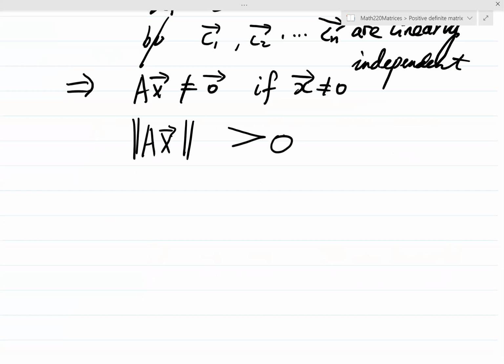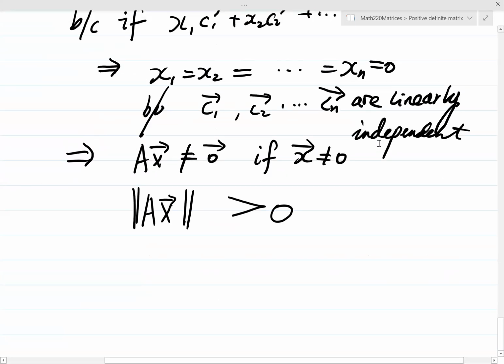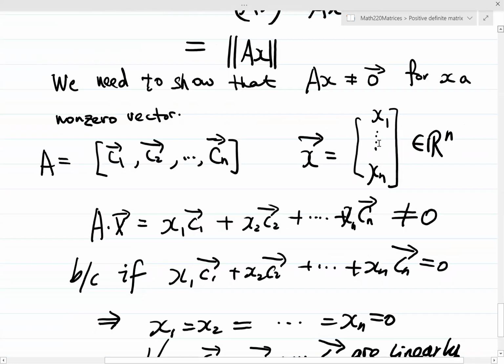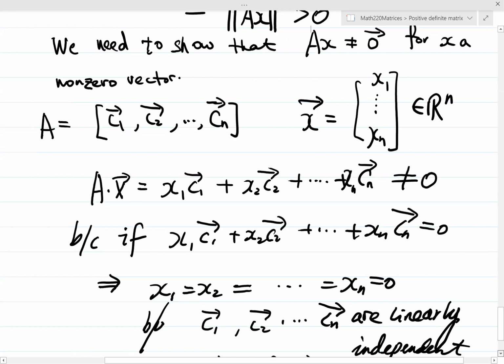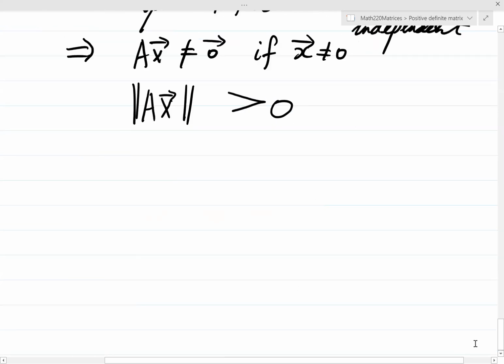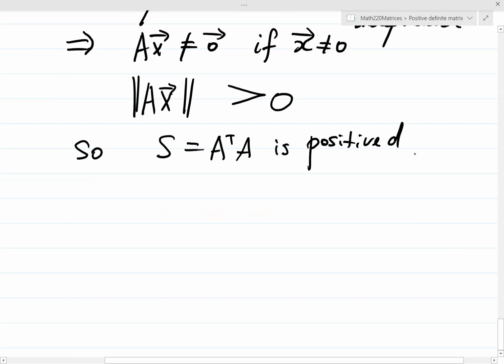So the norm of Ax is positive, which is what we wanted to show. So S equals A transpose A is positive definite by definition.